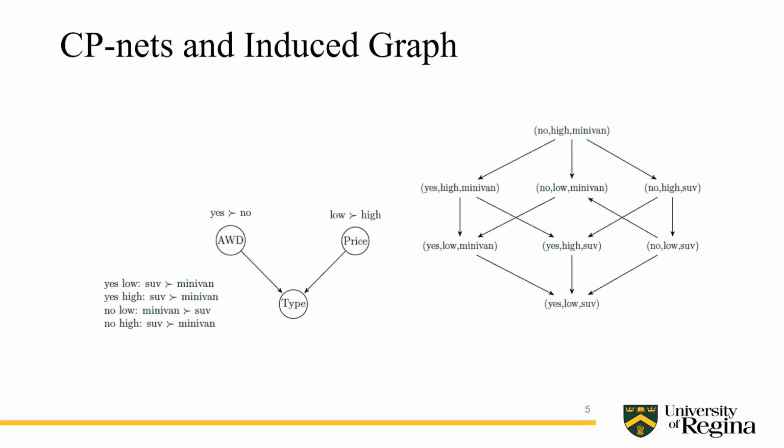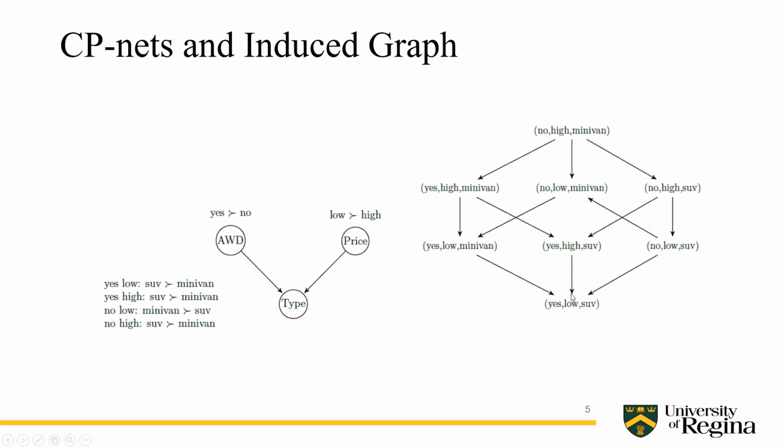From this CPNet, we can draw the induced graph, which is described here, where in each label there is a change of only one value. Let's say this one says that it is all-wheel drive, the price is low, and the item is an SUV.